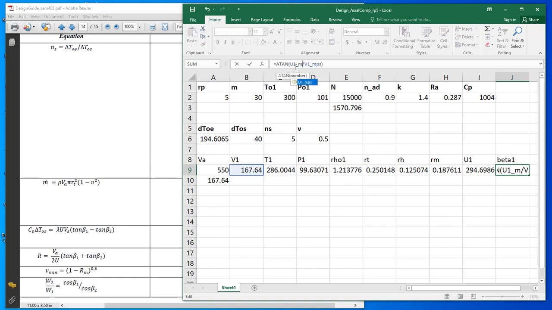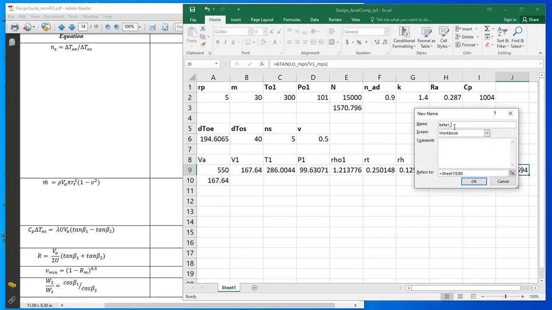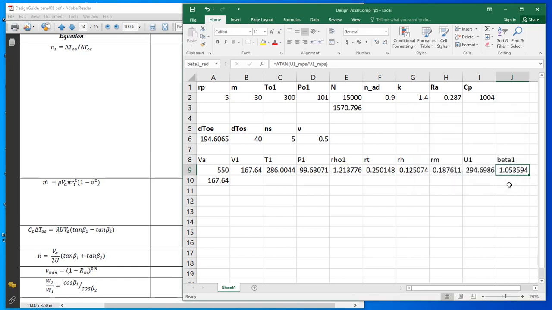So u1 mps, and we can convert it into degrees. So let's give it a name, define name, beta 1 underscore radians. This is in radians, and then we can convert it into degrees. So 60.36651 degrees.